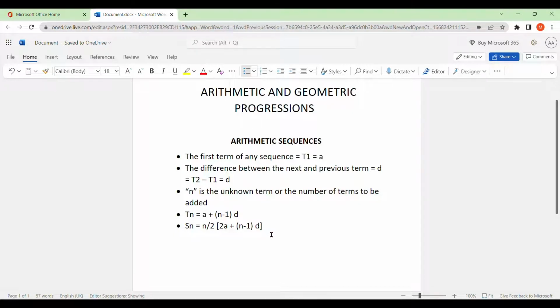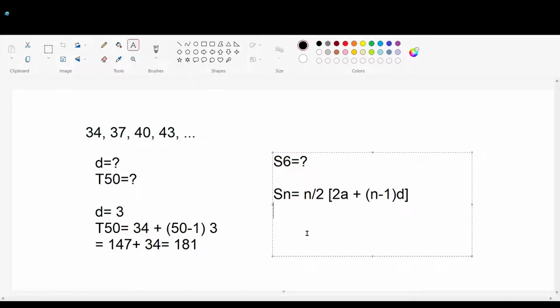The next formula, which is the sum of n terms, is equal to n over 2 times 2a plus n minus 1 times d. Let's use the same example to find out the sum of the first 6 terms of this arithmetic sequence.